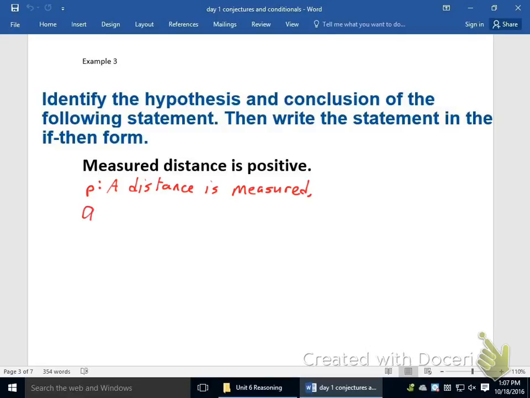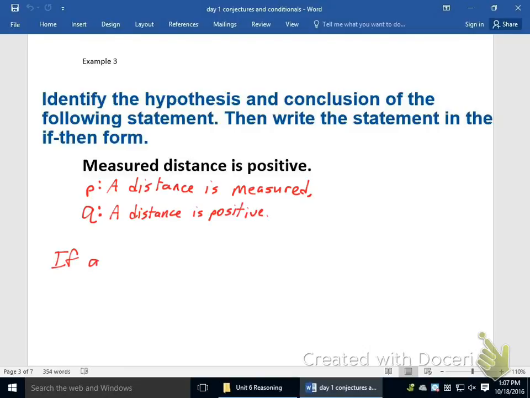And my conclusion would be that that distance is positive. A distance is positive. First, it has to be measured in order for it to be actually positive. So now I'm ready to write it in if-then form.